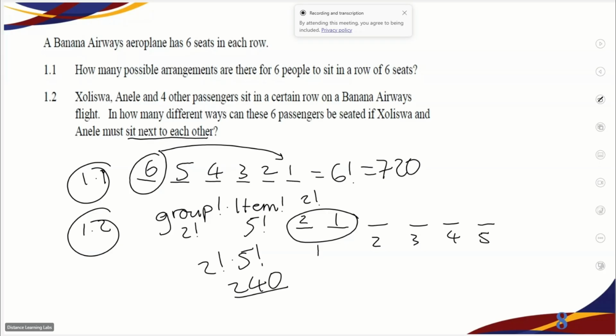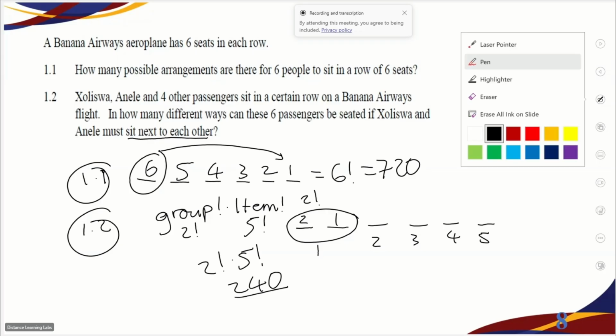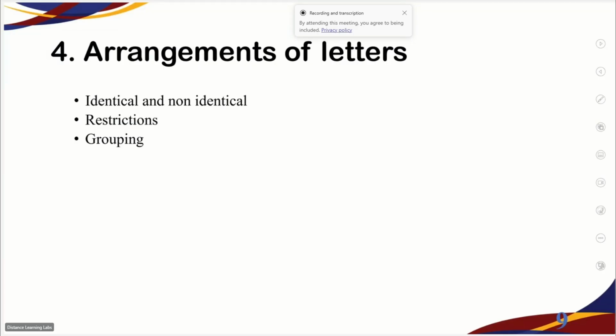Now, after seating arrangements, we can check the other examples of our counting principles. Arrangements of letters. When it comes to the arrangements of letters, there are two types of words that we have. We have a word that has identical letters. We also have words with non-identical letters.